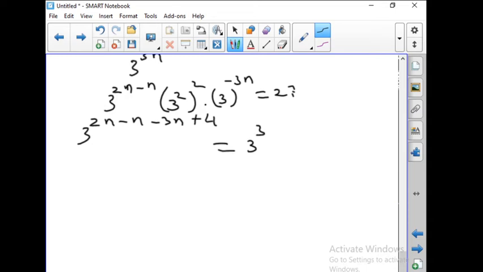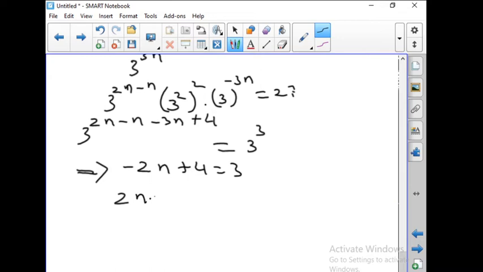In the exponent we have 2n minus n minus 3n, which is minus 2n. Here the bases are equal, so when bases are equal, the powers are equal. Powers we say, or index we say, or also exponents. So minus 2n plus 4 is equal to 3.